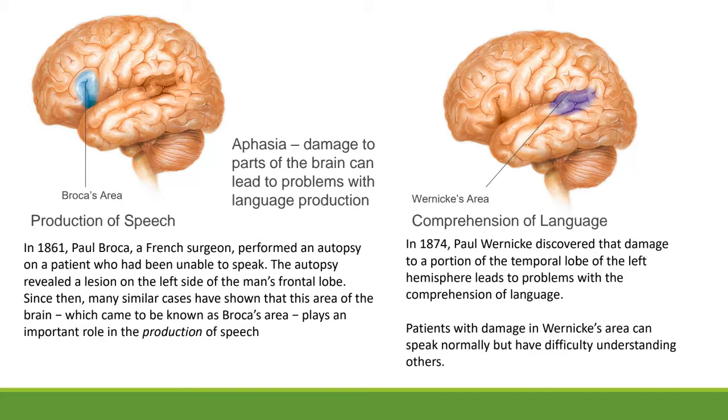So in this case, there are two areas of the brain that are involved with language production. One is called Broca's area, which is the production of speech. So basically, if that area has got damaged, people are unable to speak properly. It might be incoherent, unable to form words, unable to put words together in a sentence, but basically damage to Broca's area affects how people produce speech.